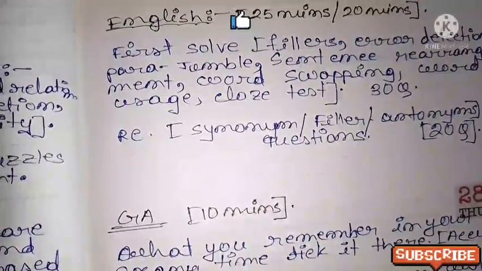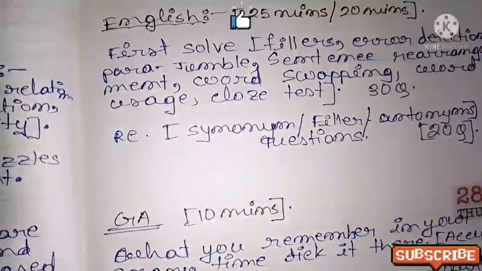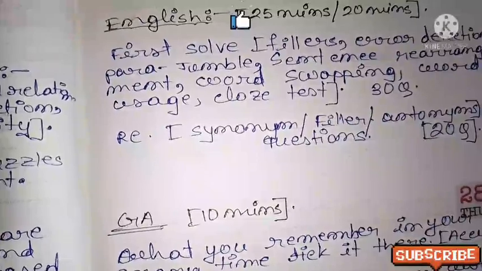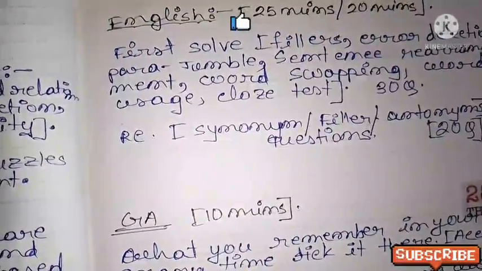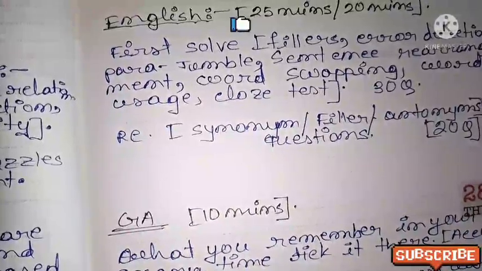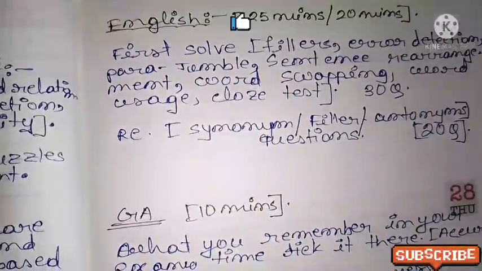After that, read all the RC, I mean get the overview of the RC they give. Next, try to solve the RC's questions. I think they will ask direct questions from RC. So that's the English portion.